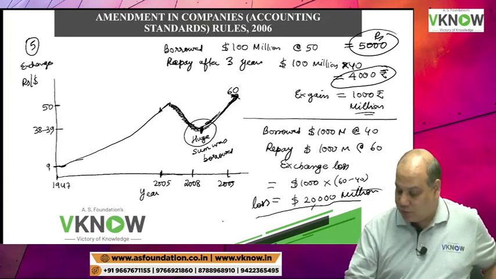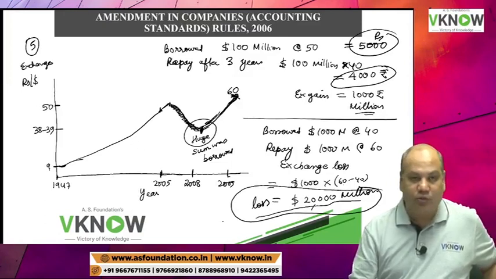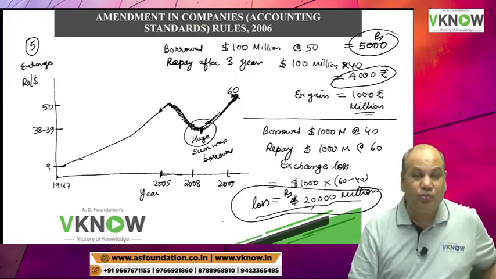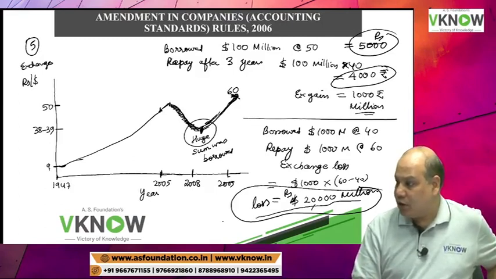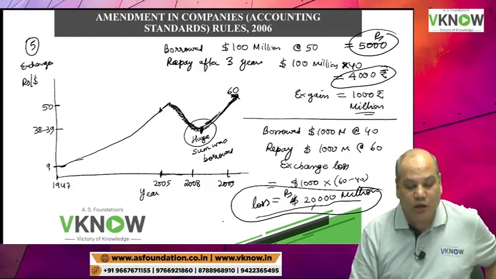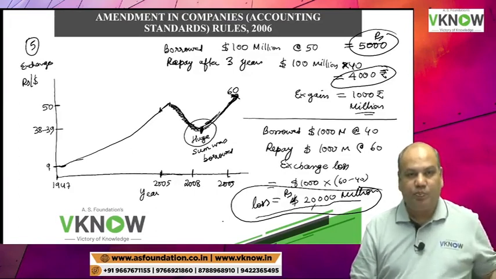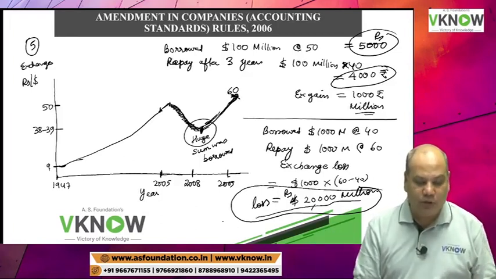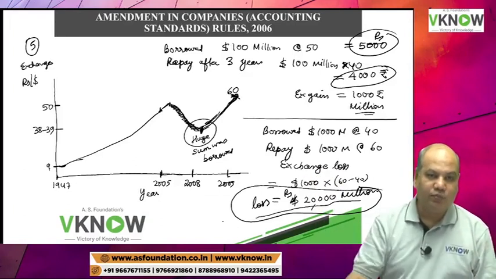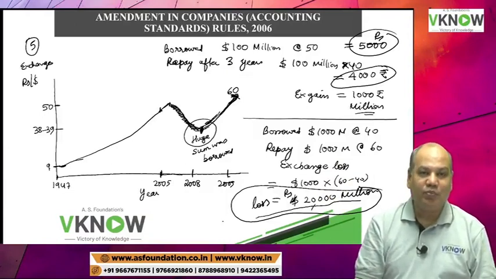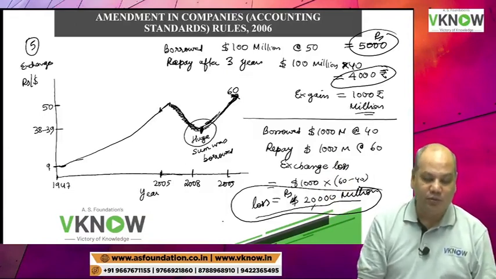If you transfer a loss of 10,000 or 15,000 million rupees to P&L account, what will happen to it? The P&L account will show either a loss or a very low profit. Profit will decline or it can result in loss. Earning per share may decline. Market value of the share may decline.